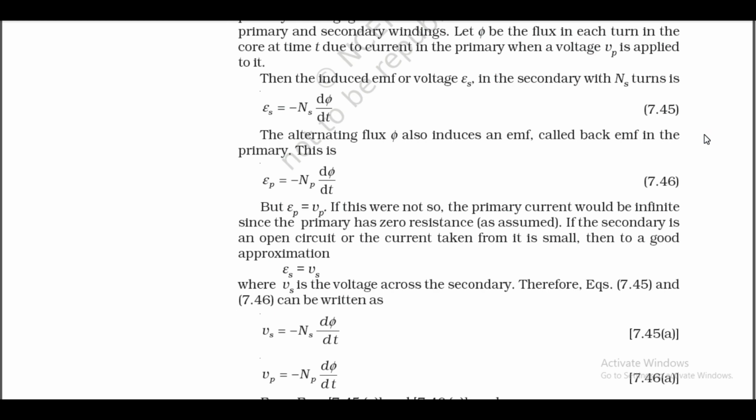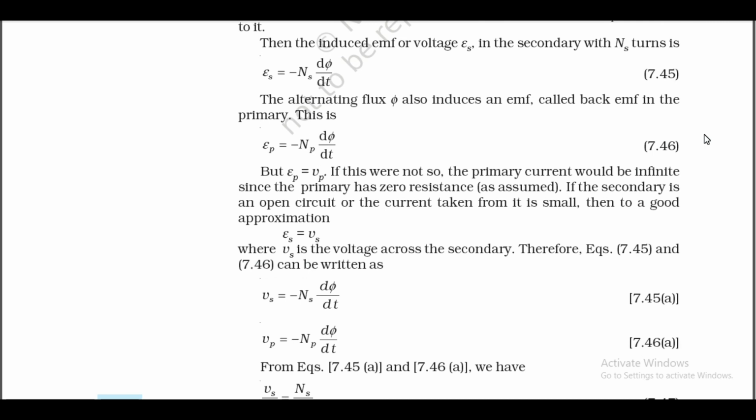The flux phi also induces an EMF called back EMF in the primary. This is epsilon_p equal to minus N_P d phi by dt. But epsilon_p is equal to V_p.